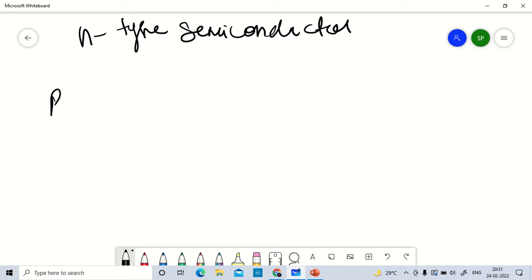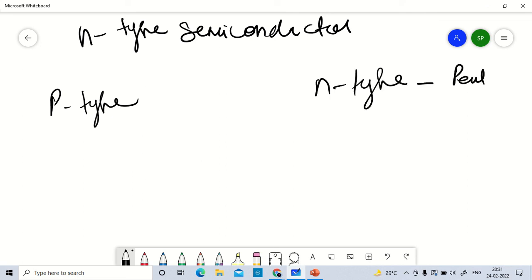We know n type has a pentavalent dopant, and p type has a trivalent dopant.